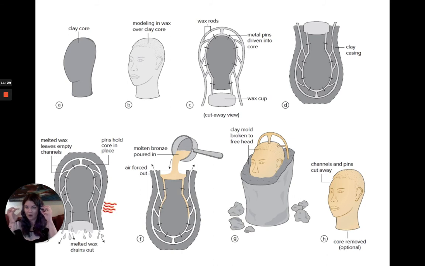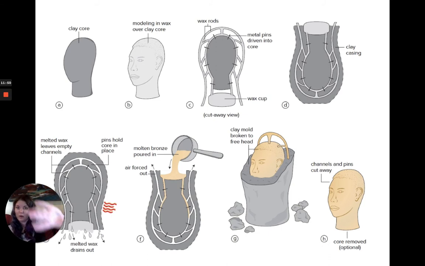And the pins hold the core in place so that the middle core stays spaced in underneath where the wax was, okay? The melted wax drains out. And then in place of the wax, you take your molten bronze or other metal, usually bronze, and you pour it into this clay form.